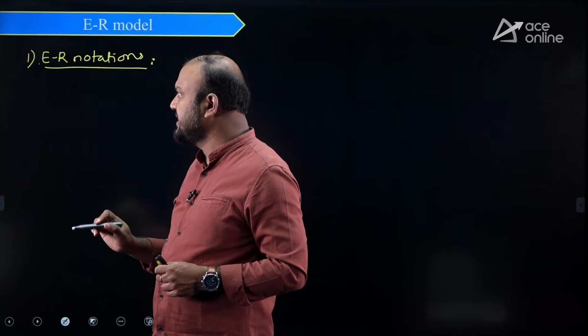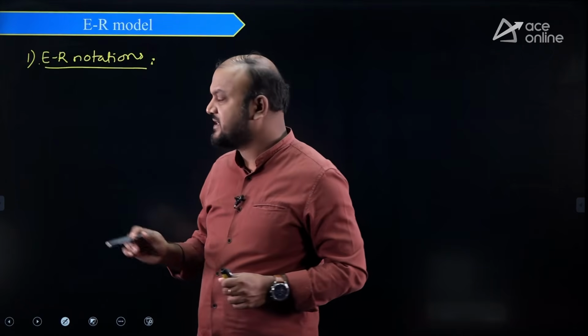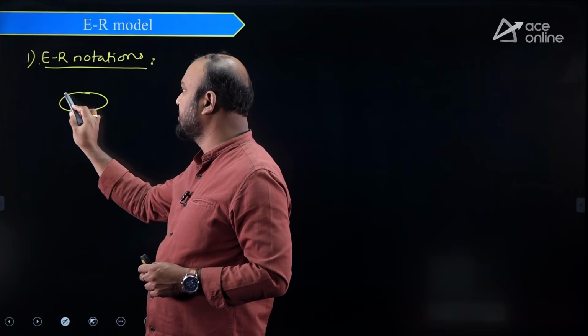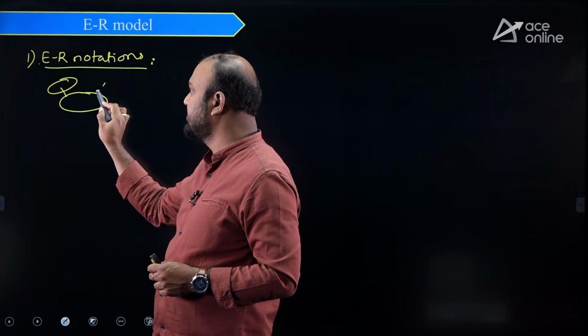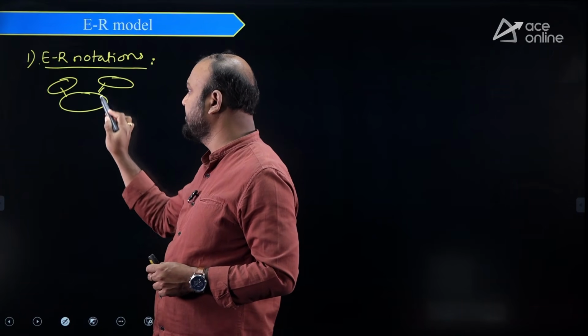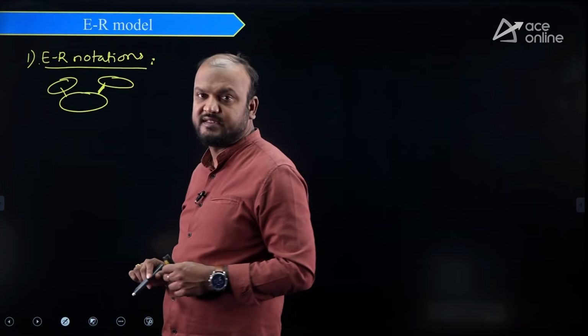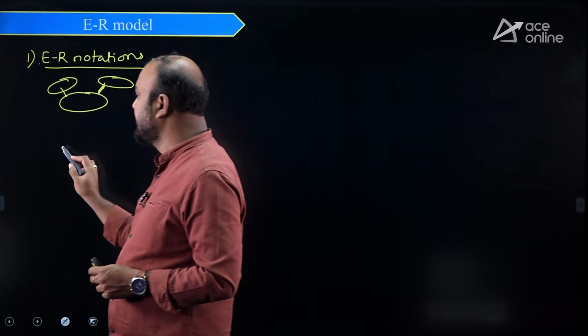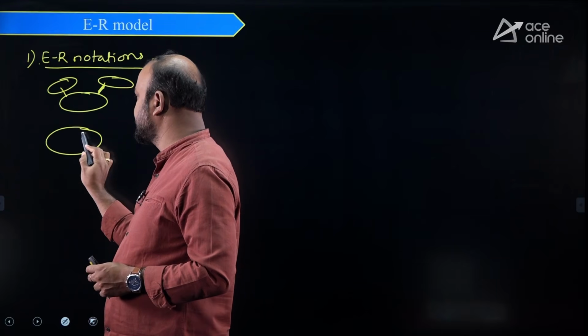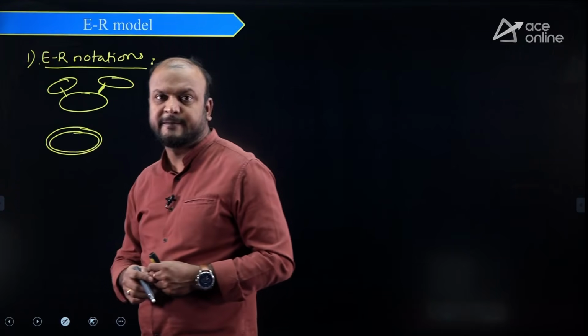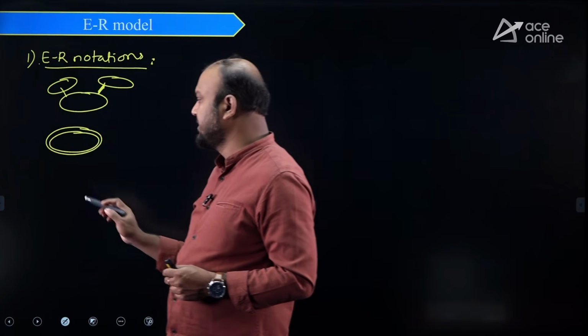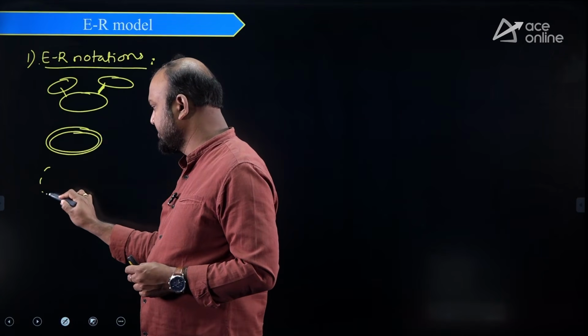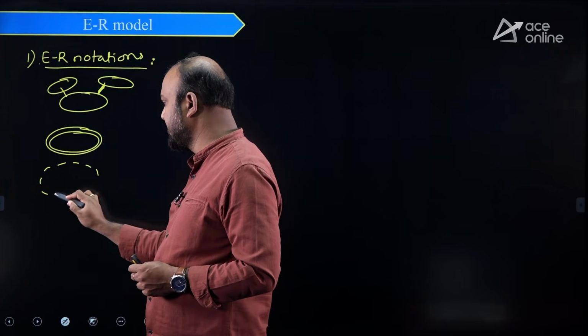When it comes to the ER notations, what is expected is, for example, how a composite attribute is to be represented: attribute with attributes. This is a composite attribute. When it comes to the multi-valued attributes, we use a double ellipse. And when it comes to the derived attribute, it is called a dotted ellipse.